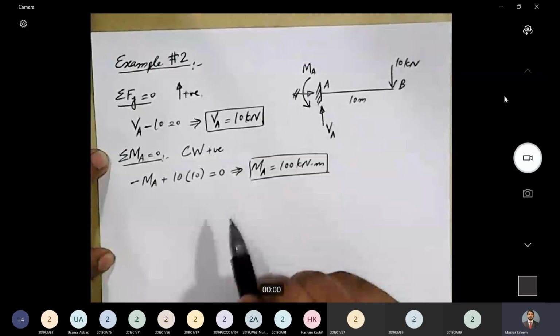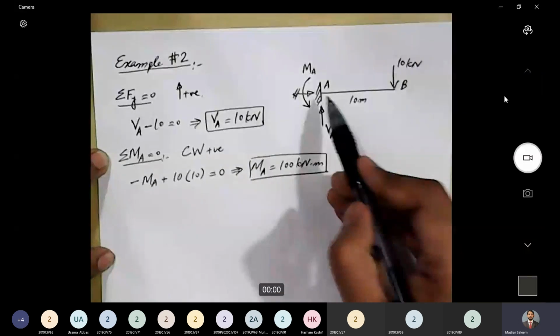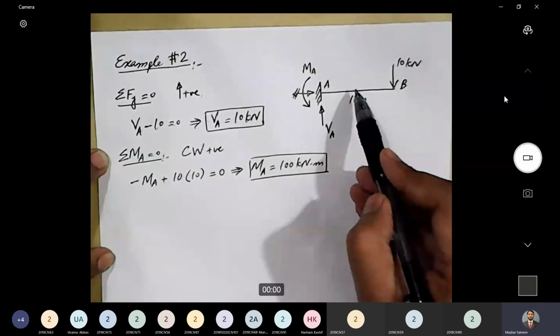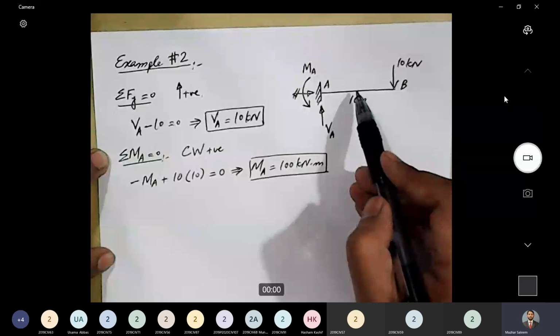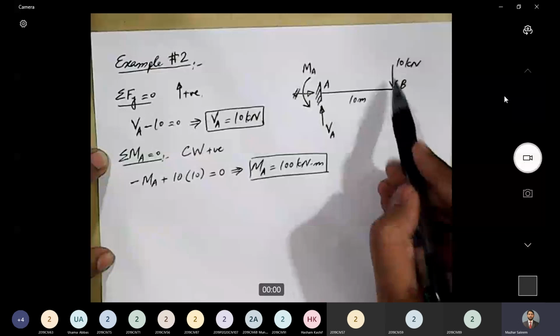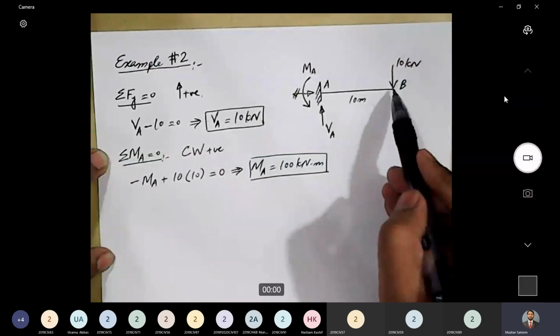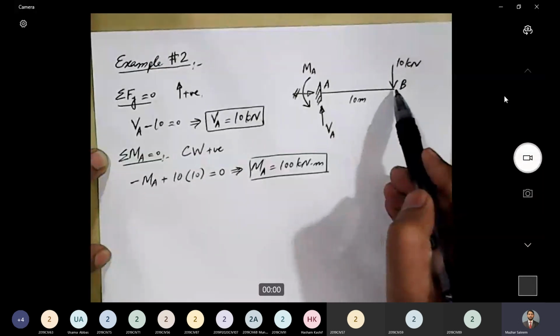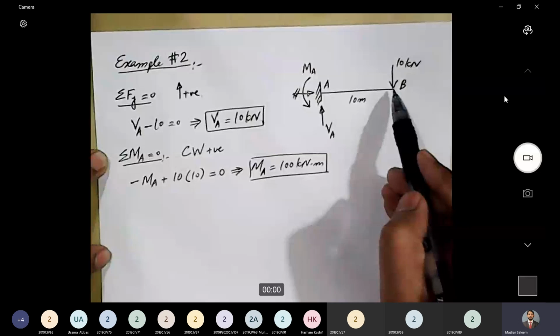Now let's see how many portions we need in this case. Let's start from point A and move in the rightward direction towards point B and see at what point we find any change in loading or boundary condition. At point B, we have a point load, and that is the termination point of the beam.